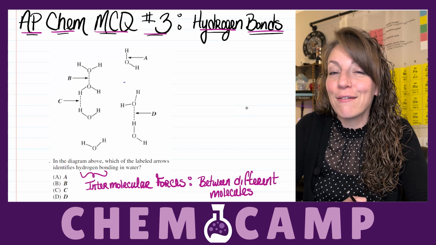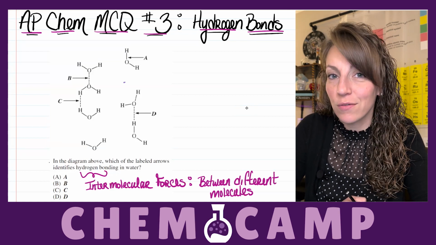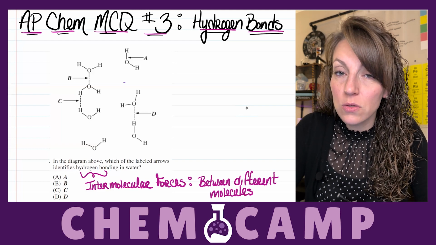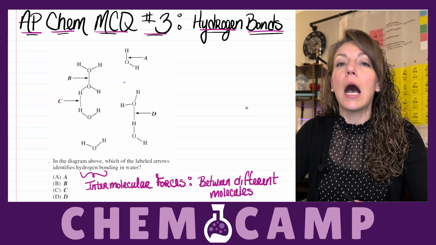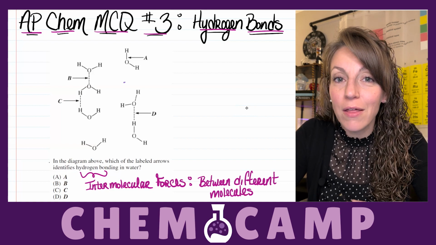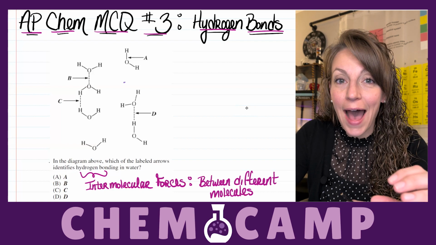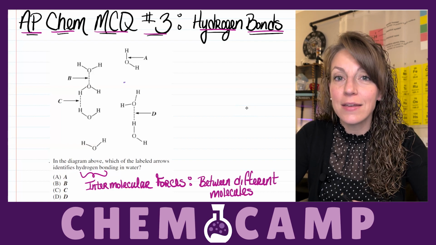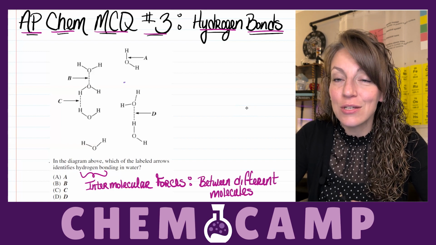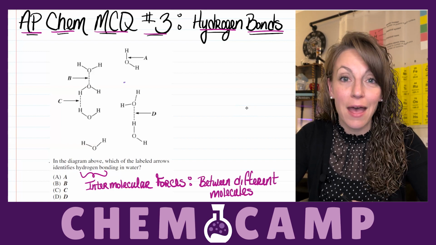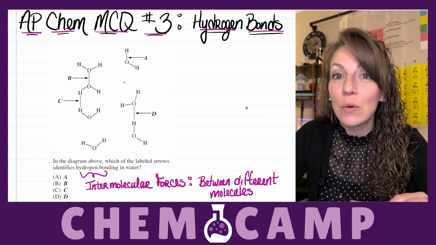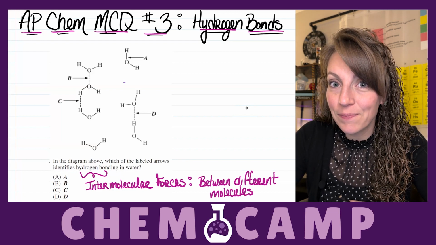It's actually a very special type of intermolecular force, though, because it has very specific requirements. So listen carefully. A hydrogen bond will only form with molecules that have a hydrogen atom bonded directly to a fluorine, oxygen, or nitrogen atom, F, O, or N, or phone, if you will, within the molecule.